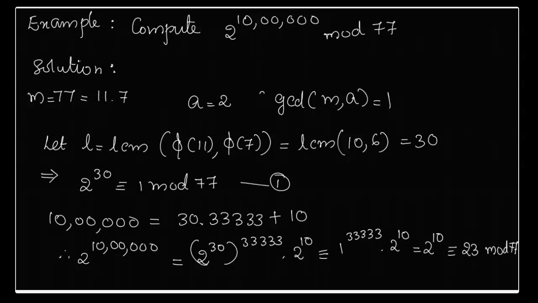So we have 2 raised to 10 lakh is congruent to 23 modulo 77.